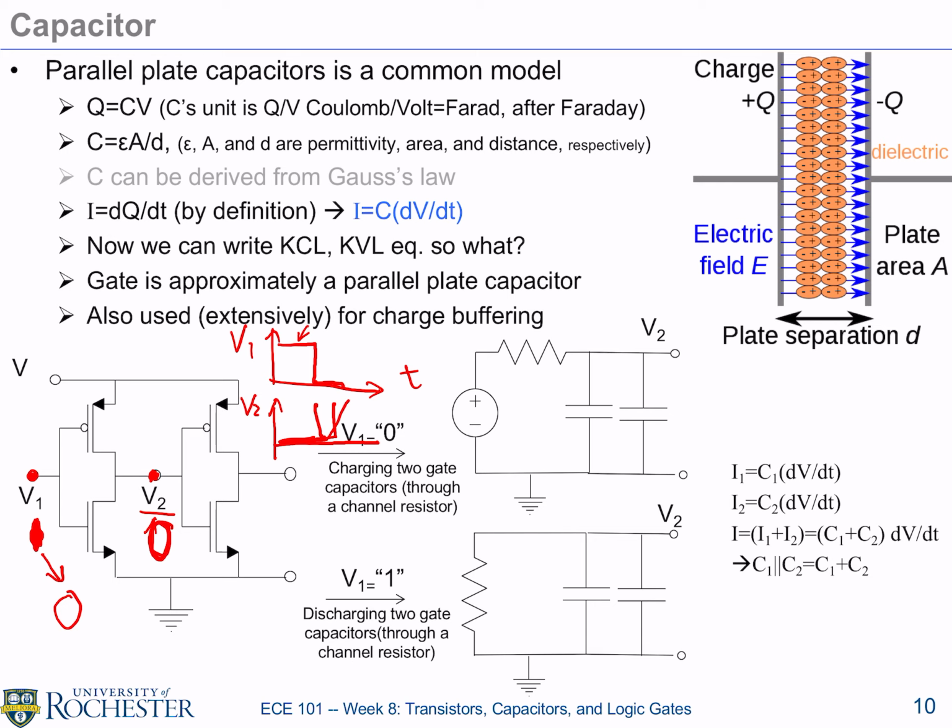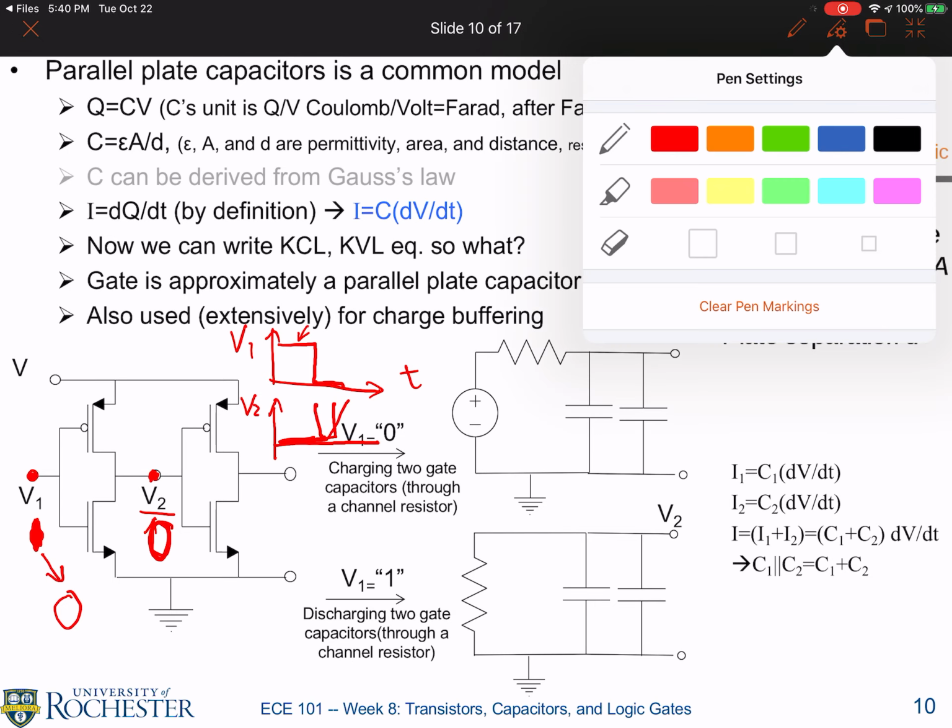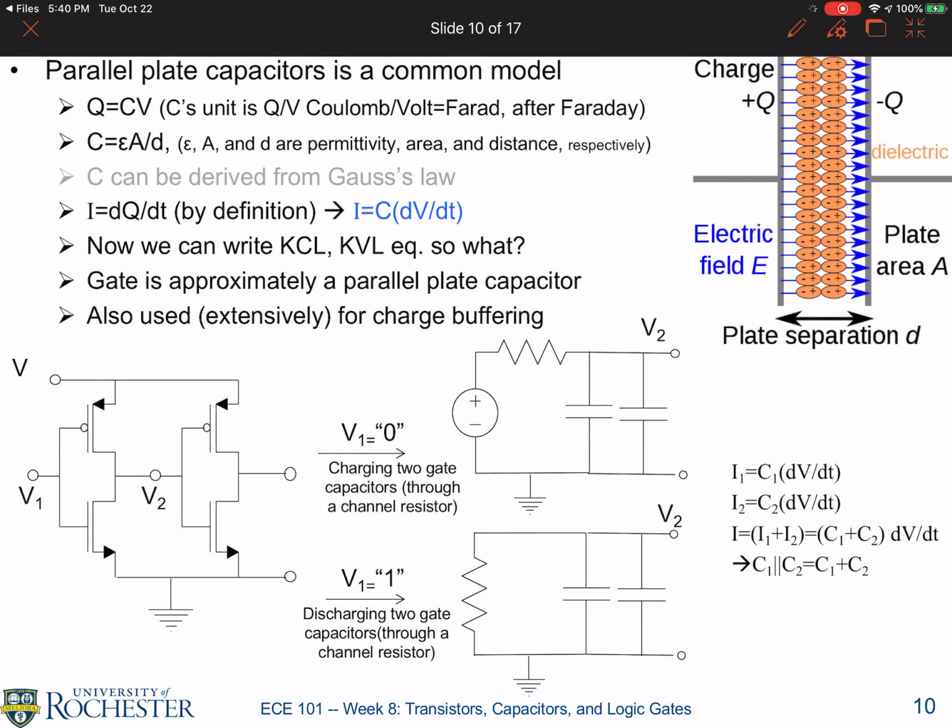So we have to look at the circuit. What is it? And we see that this device is connected to these two transistors. Every one of them is a parallel plate capacitor. See? Because this is grounded. This side is connected to the power supply.